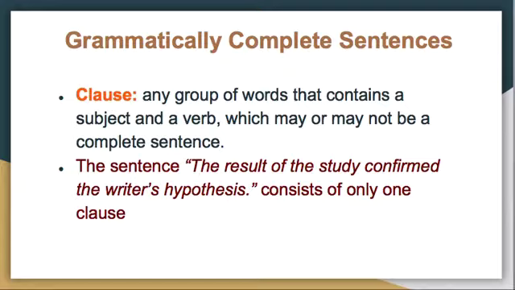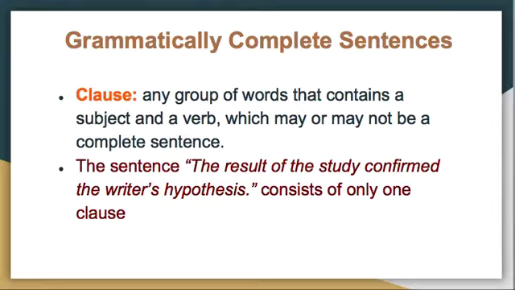With complete sentences, sometimes there are simple sentences, and sometimes there are long sentences. In the long sentences there are clauses. So what is a clause? A clause is any group of words that contains a subject and a verb, which may or may not be a complete sentence.